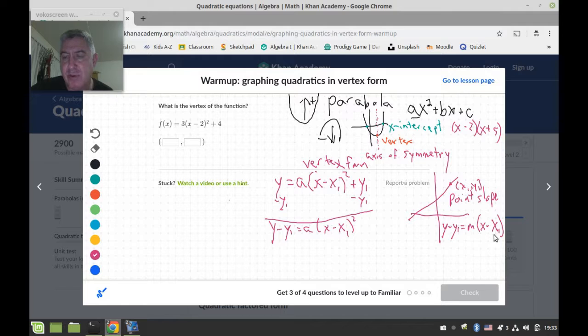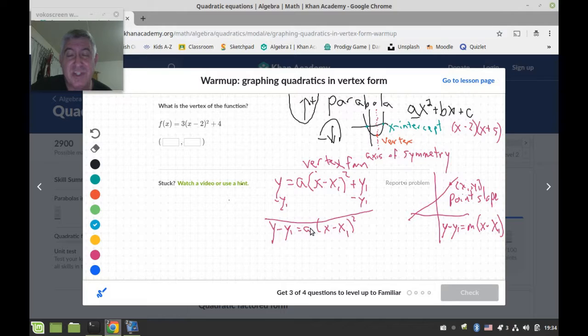So if we look at point slope, we can easily know one point, and we can know the slope. And if we come over here, we can easily find this one point, x1, y1, and a, which parabolas don't have a slope, but they do have what's called concavity.